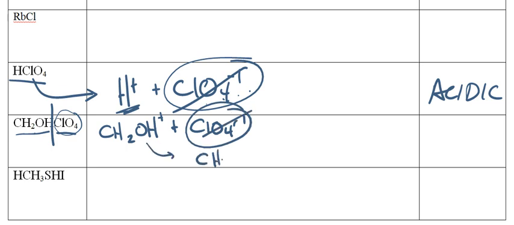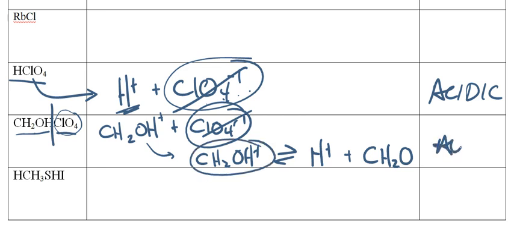However, the CH2OH only loses one hydrogen because of the nature in which it is. Okay, so this is what causes the solution to become acidic. Don't fall for the trick of there being an OH on the back of that. There's a lot of organic compounds that have hydroxide, or what appears to be hydroxide on the end, and it does not cause the solution to become basic. So don't fall for that.